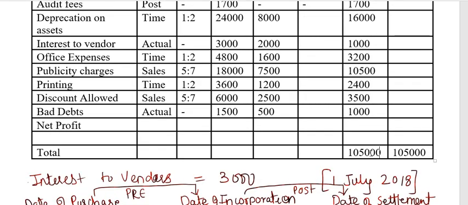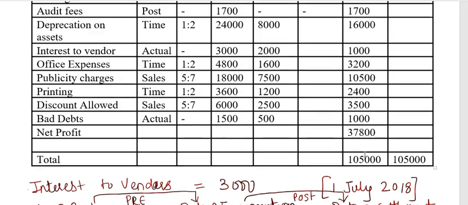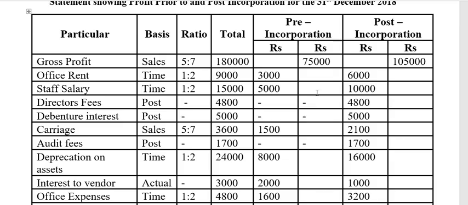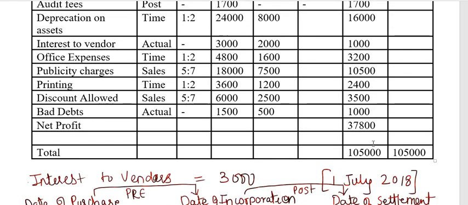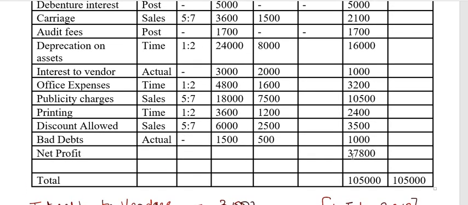The difference we will get is 37,800. You will write the difference under the heading net profit under post-incorporation. So this 37,800 is revenue profit for post-incorporation.